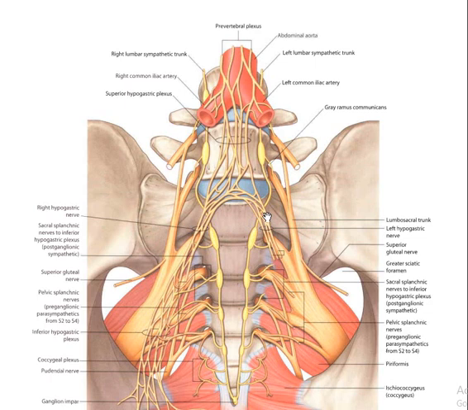Now you need to know that the hypogastric nerves are going to contain the postsynaptic fibers of the sympathetic nerve, and they are going to contain the presynaptic fibers of parasympathetic nerves. The parasympathetic nerve comes out from the spinal nerves and then enters directly into the hypogastric plexus.